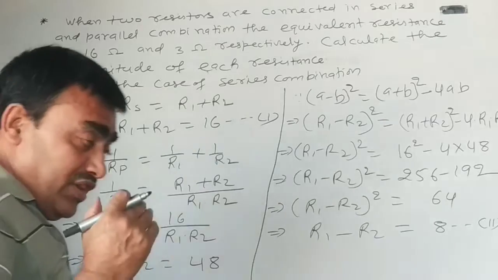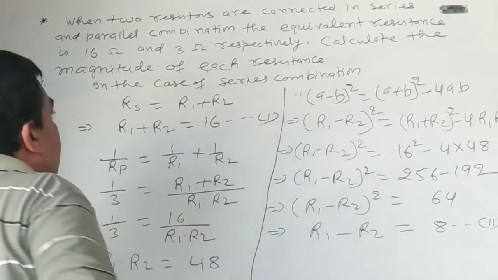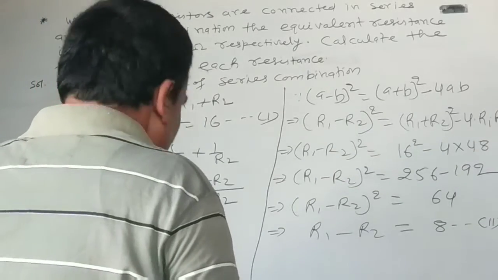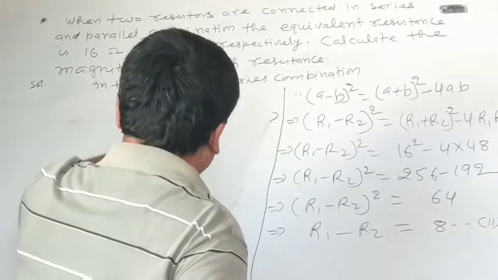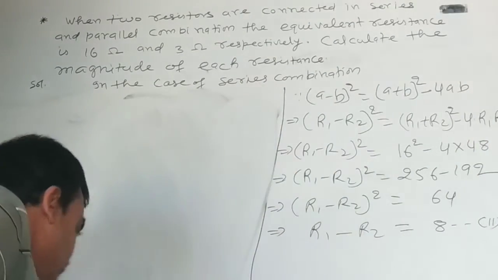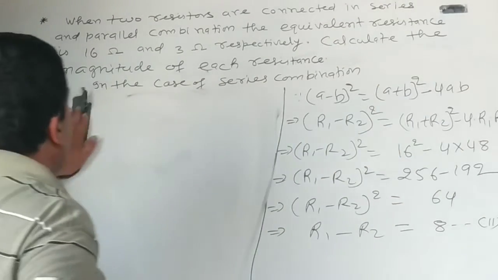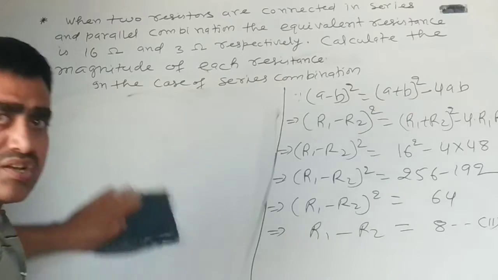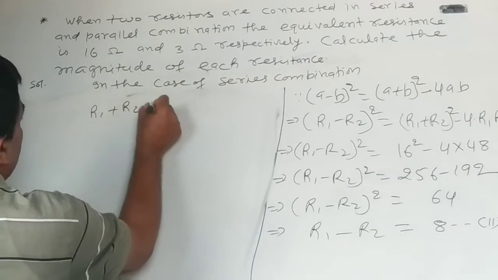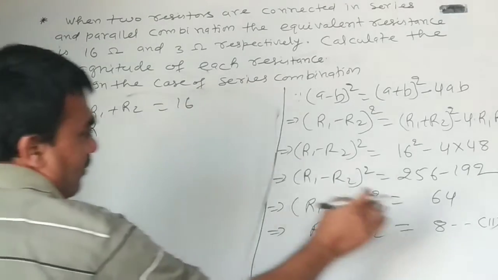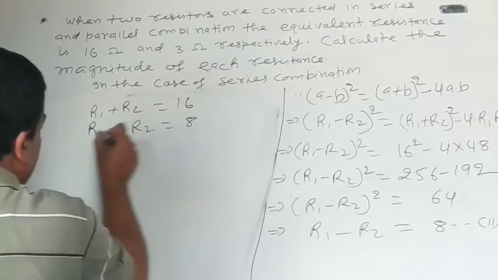Now, we add equation 1 and 2. Look here. According to equation 1, R1 plus R2 is equal to 16, while according to equation 2, R1 minus R2 is equal to 8.